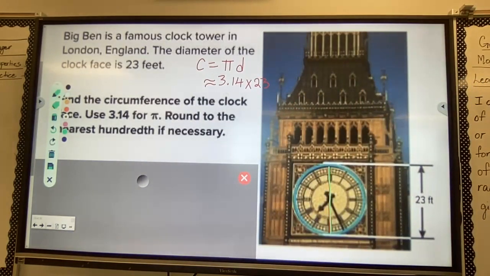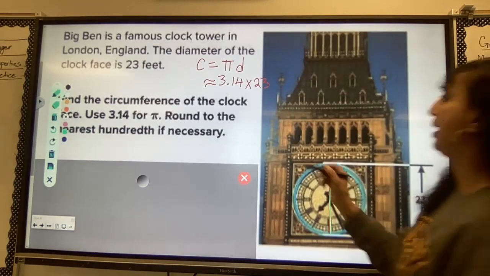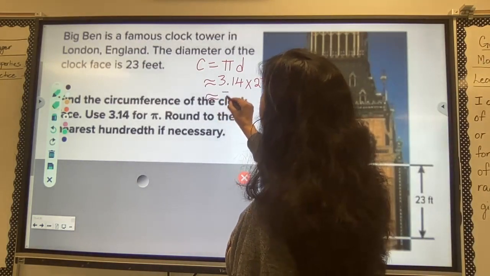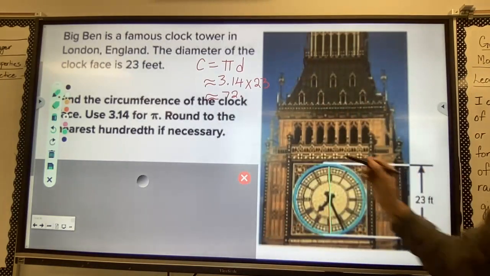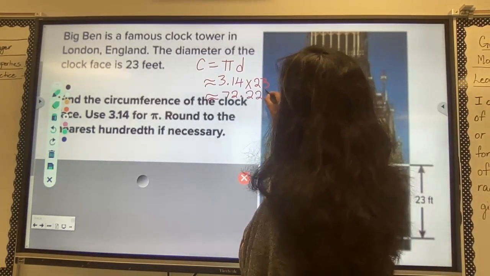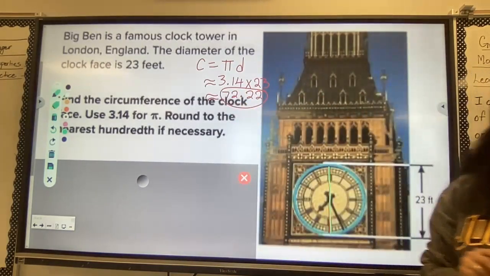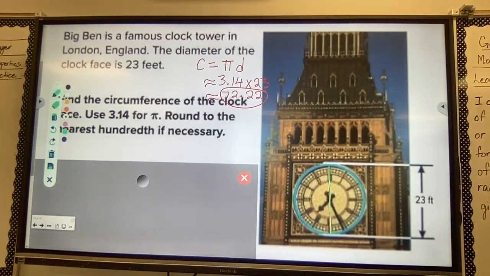And now when I multiply this, I get approximately 72.22. So here is my answer, 72.22. This is after my multiplication. So the distance around the clock face is about 72.22 feet. All right, so once again, in the second line I changed the equal sign to an approximately equal symbol.